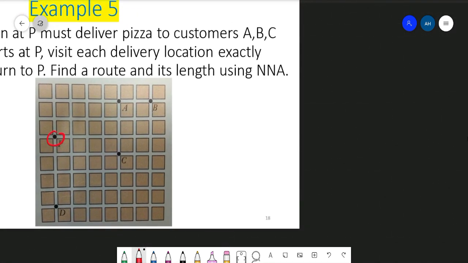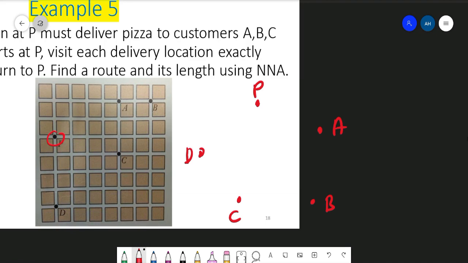So we have 5 of them. So suppose that this is P there, this is A here, maybe here B, maybe here C, and maybe here D. You know, the graph you can draw as you like, as long as we have 5 points, or 5 vertices, and they are a complete graph and weighted graph.